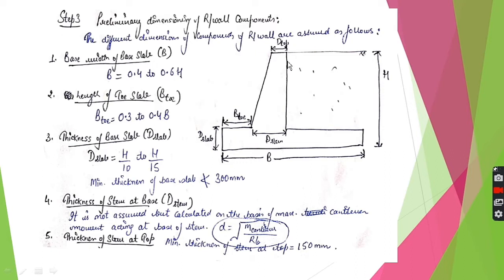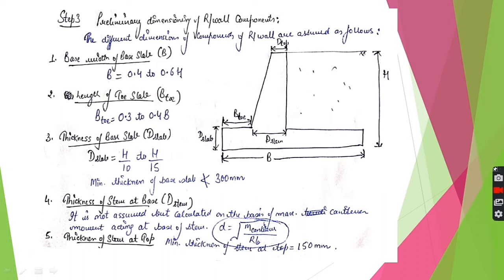Now what we are left with is the thickness of the stem. As you can see, the stem is slightly tapered. Here the thickness is something else, here it is something else. I'll be explaining why this is done, but first let's see how we calculate this. The thickness of the stem at the bottom is not assumed, but it is decided on the basis of the maximum cantilever moment acting at the base of the stem.